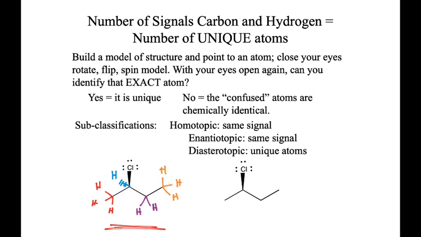The red hydrogens are 1 bond, depending on how you want to count, 2 bonds away from the chlorine. The orange ones are 3 bonds away. So that distance changes, which means red and orange are different from each other. So we should at least be jumping to 4 different carbons. Fudge. 4 different hydrogens, thank you.